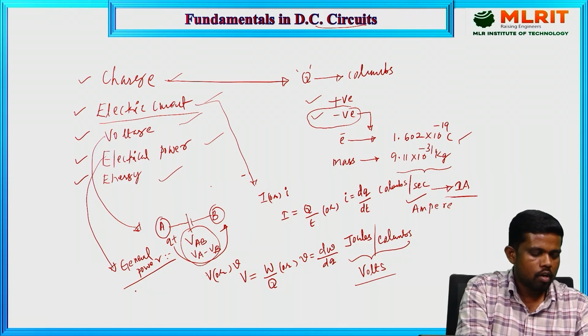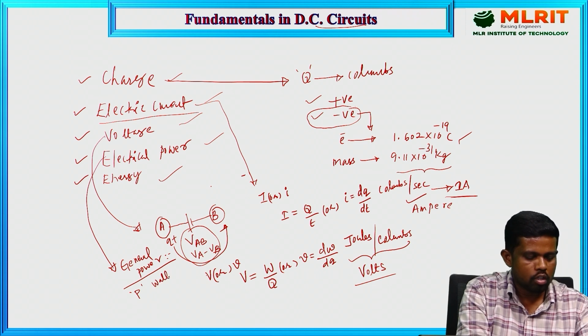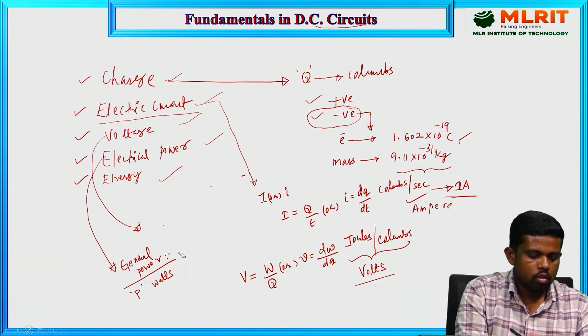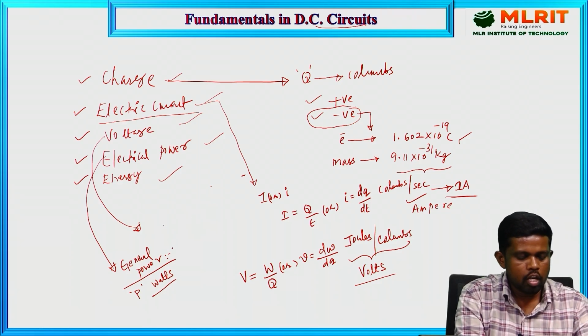Power is denoted by capital P and measured in watts. The capacity of doing work is simply called power.